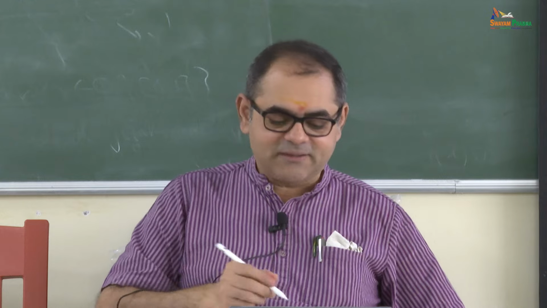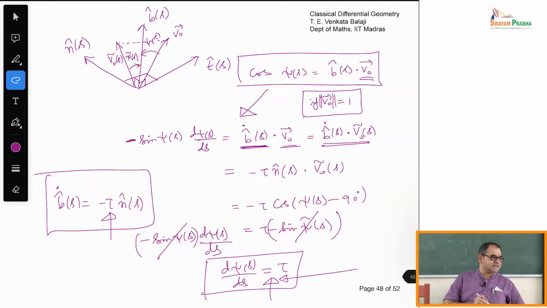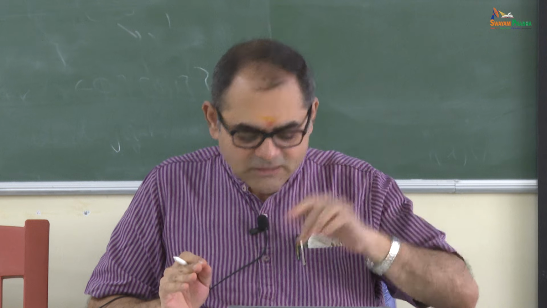So now you see there is a mathematical justification why you put a minus sign. Not only that, there is also a physical justification why this minus sign has to come if you look at helical motion, so I will explain that. This is just to tell you that torsion is also something that can be quantified by a turning angle. I will redo this.